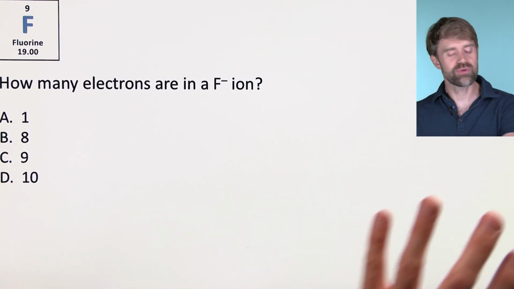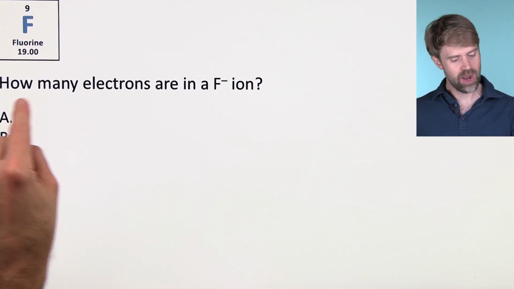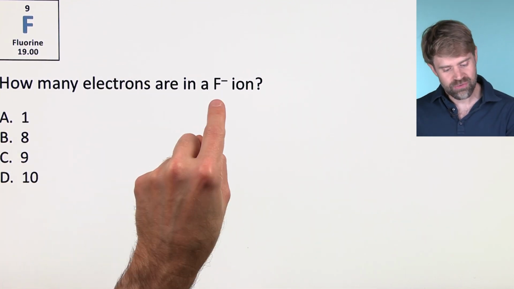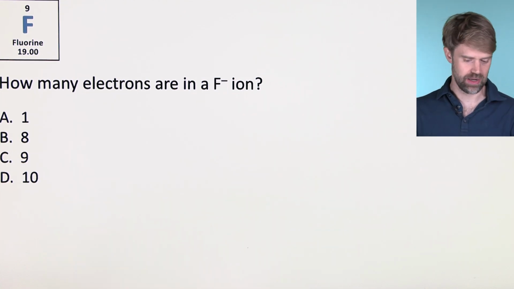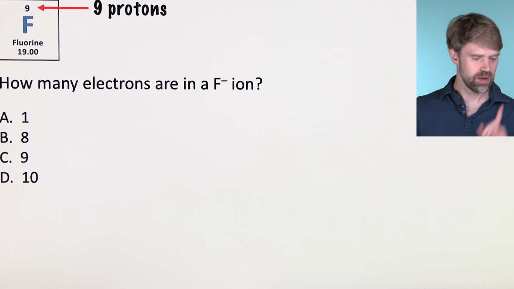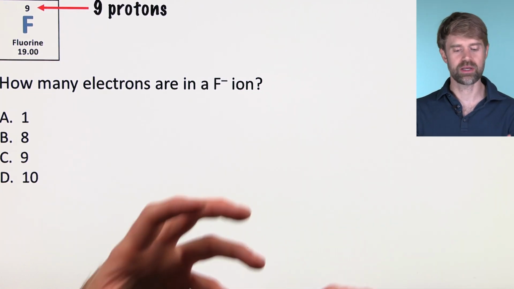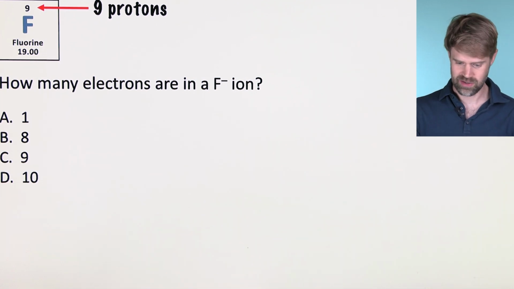Okay, everything we just covered, let's use it to solve a TEAS question. How many electrons are in an F1- ion, or F- ion? That one negative sign means F1-. Before we look at the answers, let's do a little bit of atomic accounting, kind of add up our protons and electrons.